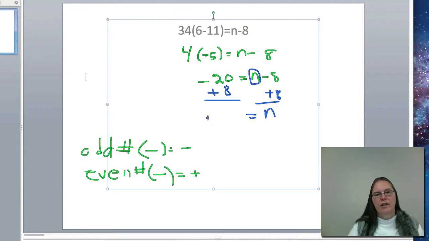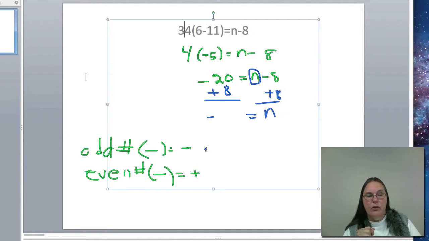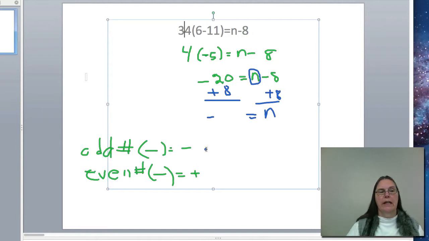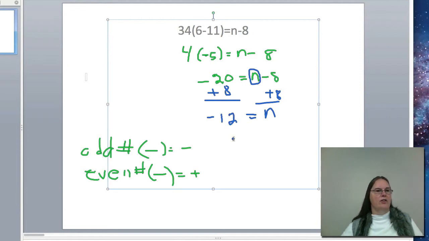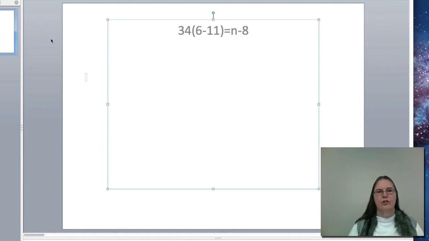But the 20 is larger, so I know it's negative. Now, the difference between those two numbers is 12. I have $20 of debt. I pay 8 on it. I still owe $12. You've been doing this on your mortgage, but it doesn't get down that low that quickly, of course. So that's how you have to look at it. If you use money, it seems to be the best thing that you can do. So I would suggest to use the money.